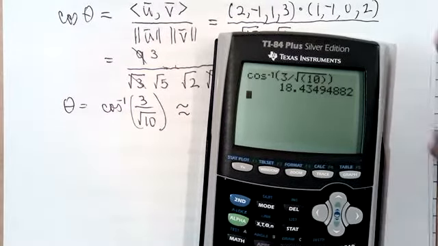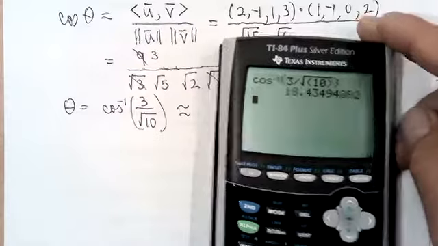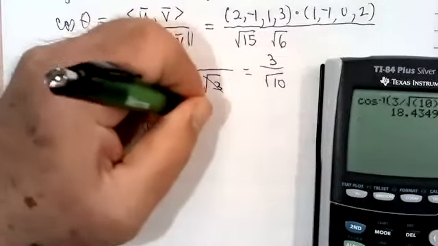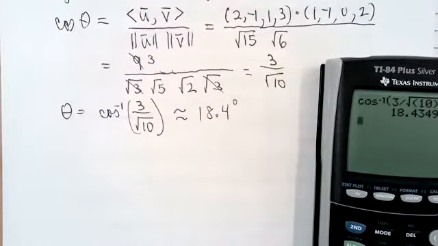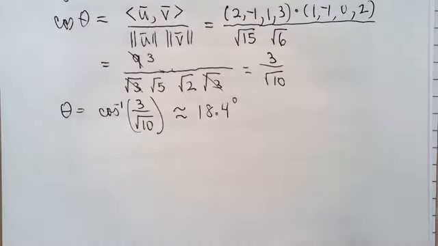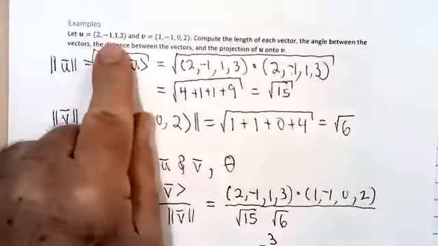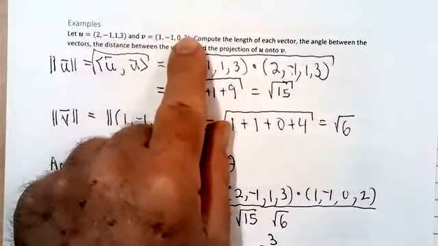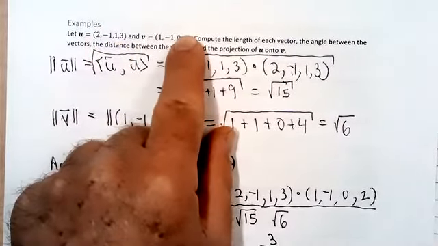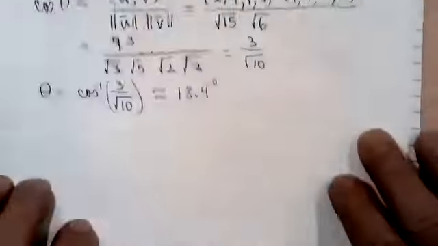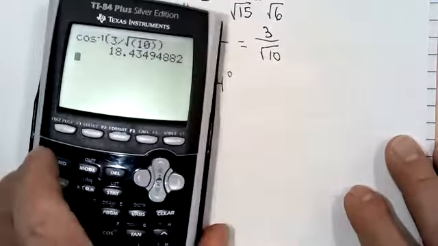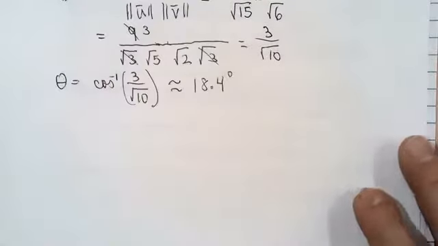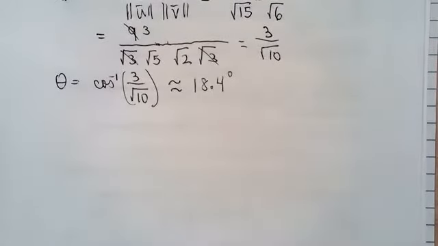So I get about 18.4 degrees. And I don't know about you, but if I just look at this numerical description of these vectors, frankly, I have no idea what the angle between them is, but I can easily compute it with any reasonable amount of accuracy very quickly on my calculator.